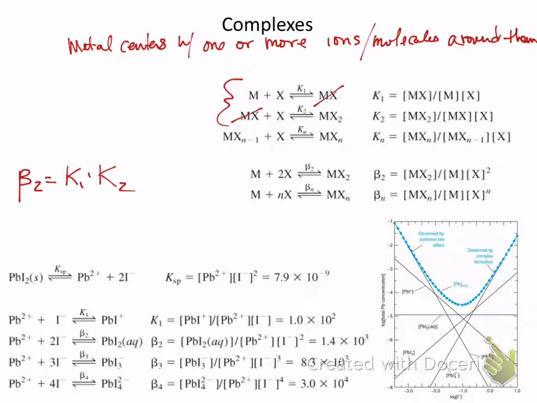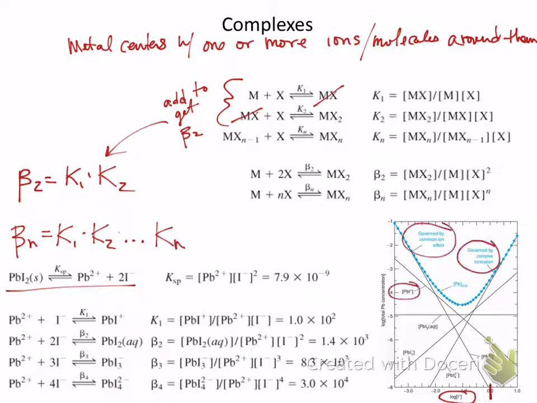So when we're doing this in a computational problem, we'll actually take the two expressions in the right-hand column in the upper right, and we can multiply those to solve for beta 2. As a quick review, we see that if we add the two equilibrium reactions together, we can get beta 2.